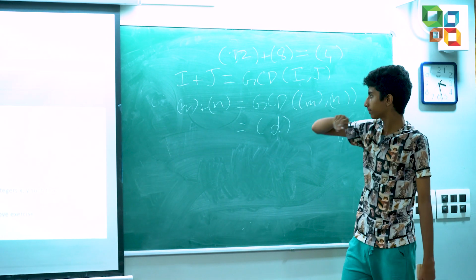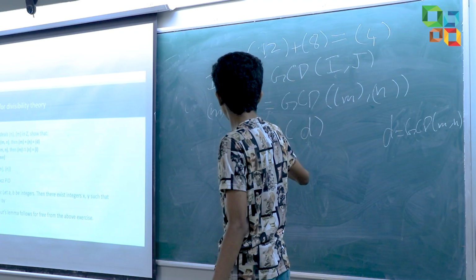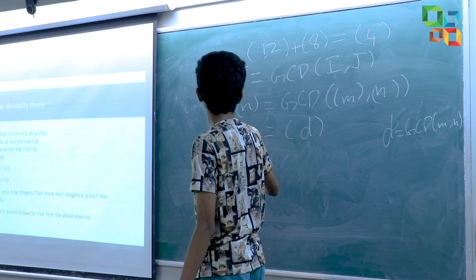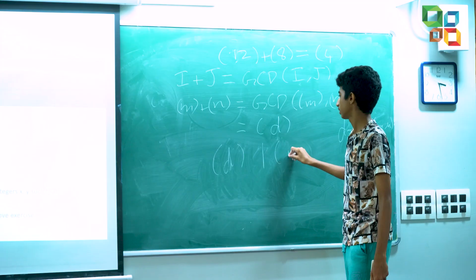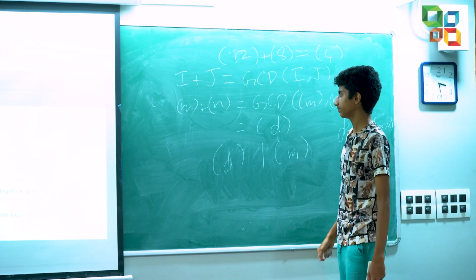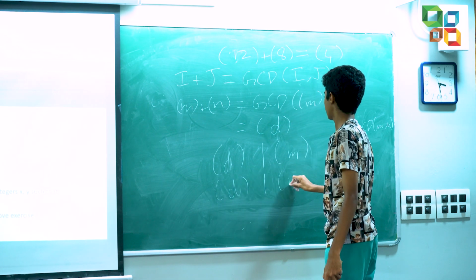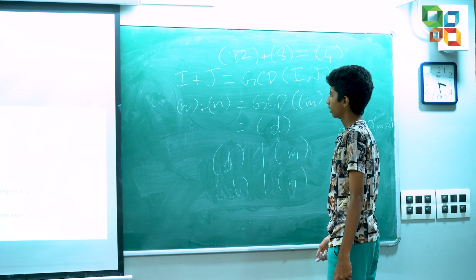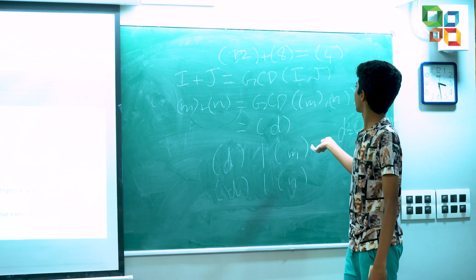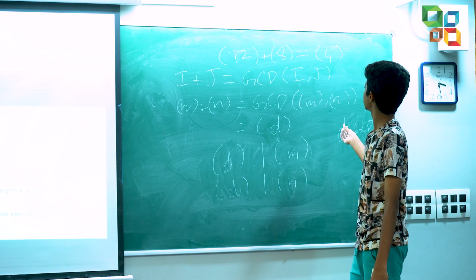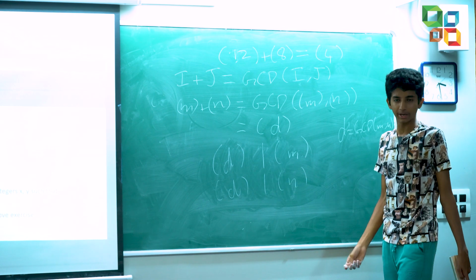That we will show by showing that the ideal D divides ideal M, and ideal D divides ideal N. Why?